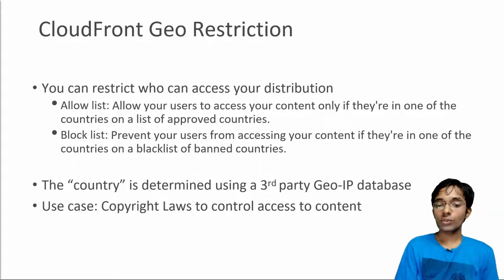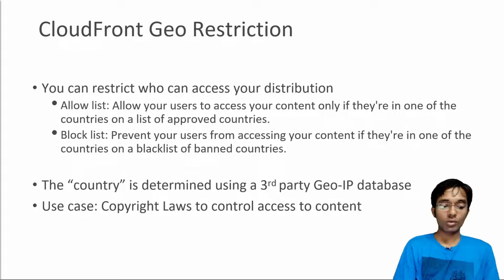The way it works is that a country is determined by CloudFront using a third-party geo IP database by matching the IP to a specific country. Now the use case for geo restriction is, for example, to show that you are enforcing copyright laws and saying that some content can only be accessed by some countries. So that's here for the geo restriction.